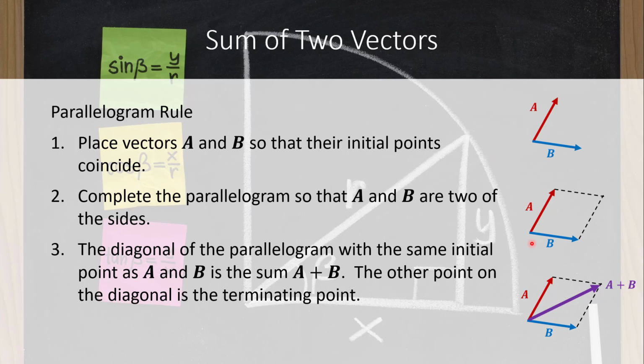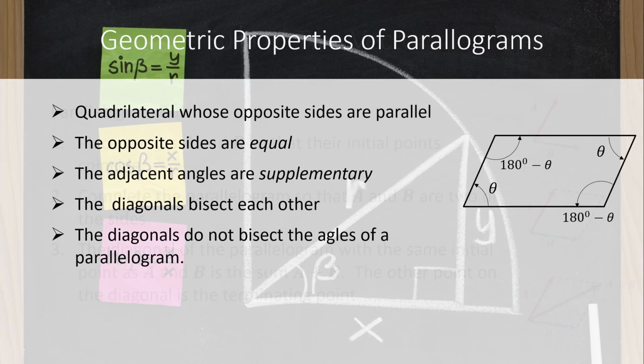So if we know this angle right here between a and b, then we can figure out this angle right here. And then once we figure that out, we can use the law of cosines. Two other properties which probably will not serve us all that well is the diagonals happen to bisect each other. However, the diagonals do not bisect the angles of a parallelogram. That only occurs when the parallelogram is a rhombus.